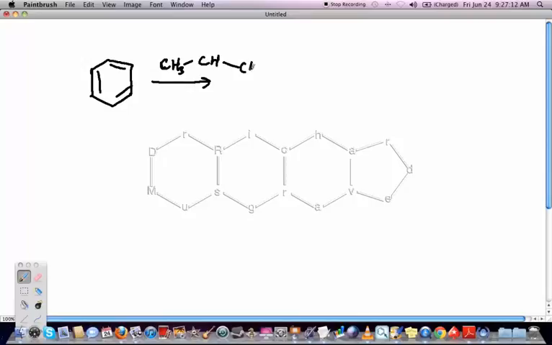This one is secondary. But as well as the halide, we also need a Lewis acid, and this will help to remove the halide from the secondary halide. Alright, let's have a look at how that works.